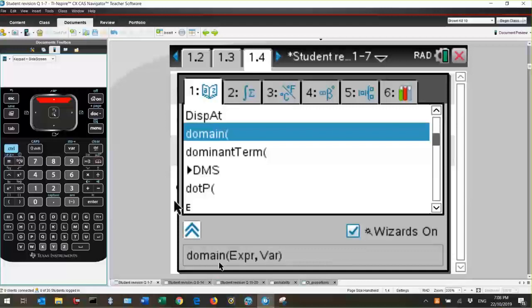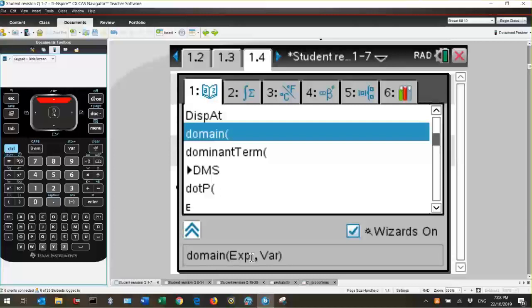Now, if you look down the bottom of that dialog box, you'll see the syntax. So it's domain expression. The expression is the rule of the function, and the variable, which is usually x, so comma x.